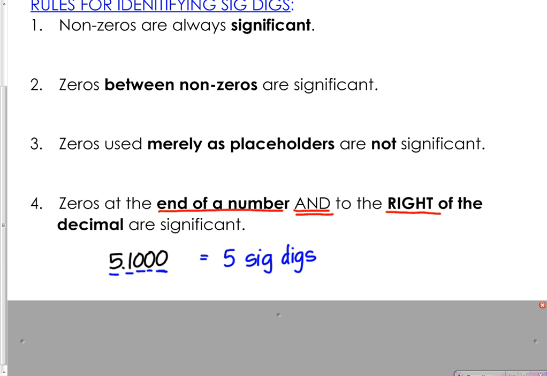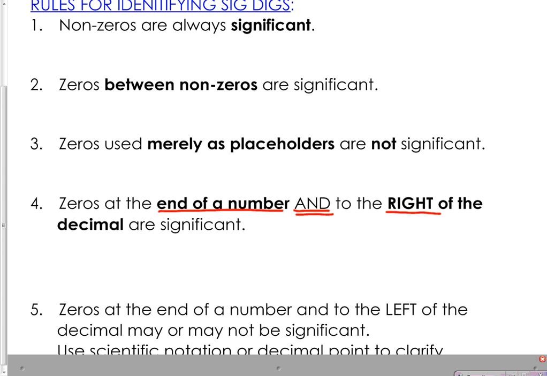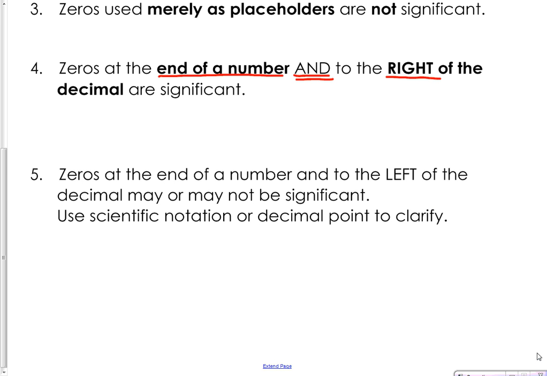Okay, last rule for identifying significant digits. Last rule. Zeros at the end of the number that are on the left side of the decimal may or may not be significant. And to rule out any question, you'd have to use scientific notation to decide. I'm going to show you what I mean by this.